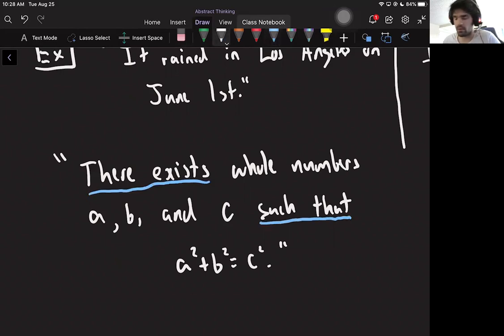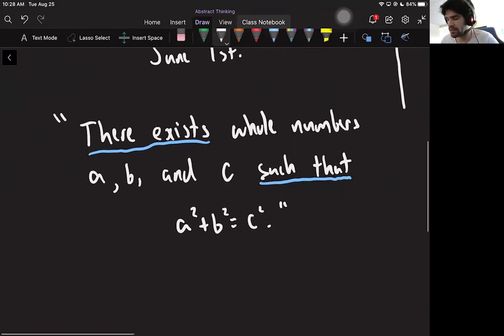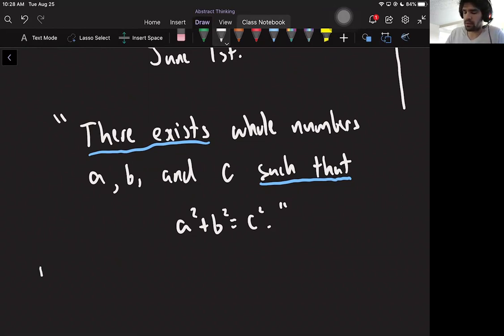But what I want to focus on right now is the fact that the entire thing is the statement, okay? So you can't just look at one piece or another. You can't just look at the equation that you see, the a squared plus b squared equals c squared. You have to look at the whole thing. So this is a statement, and the whole thing is the statement.